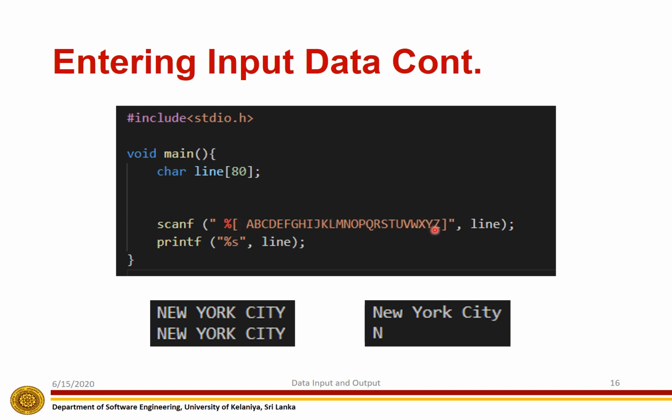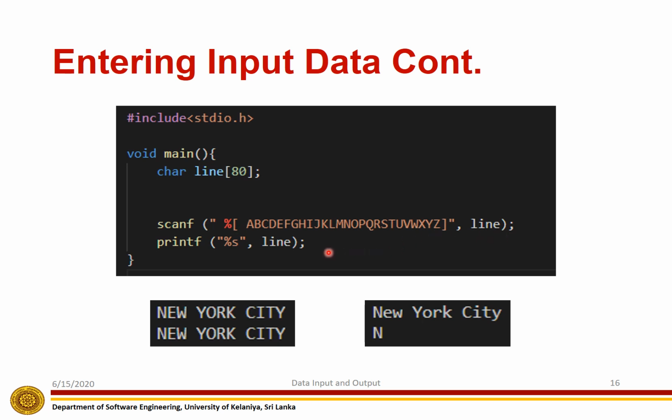Inside of the square brackets, first I have kept a space to indicate the whitespace characters. So this line variable can have whitespace characters, and then uppercase letters A to Z, and the argument is line.